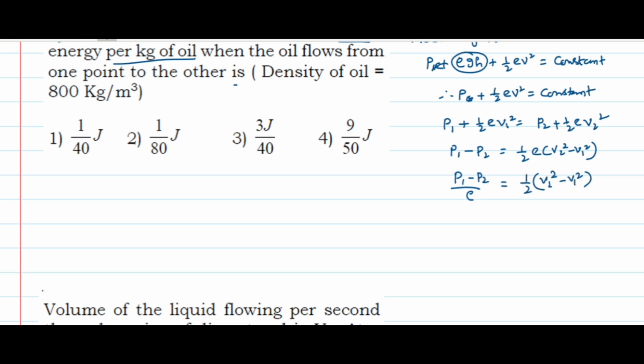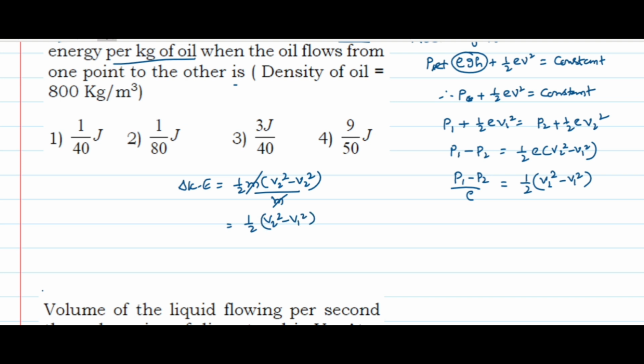Here they are asking the change in kinetic energy of the oil per kg of the oil. Change in kinetic energy per kg is half m into V2 square minus V1 square, per kg means per mass, so here mass gets cancelled, half into V2 square minus V1 square.